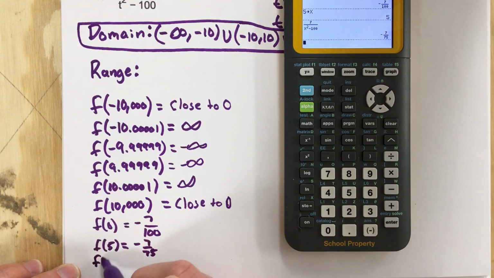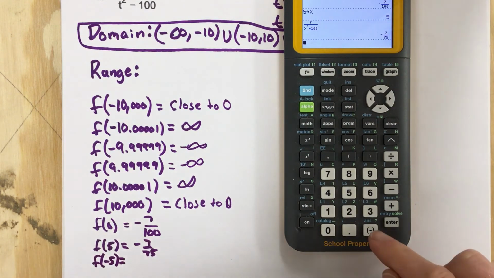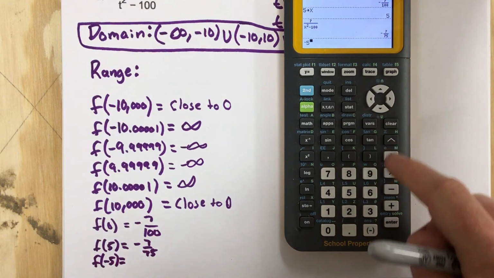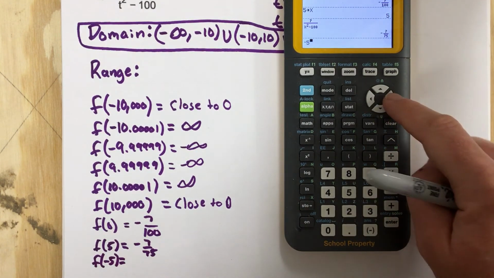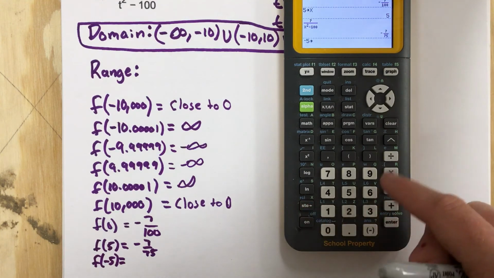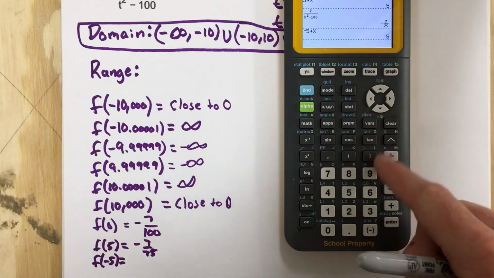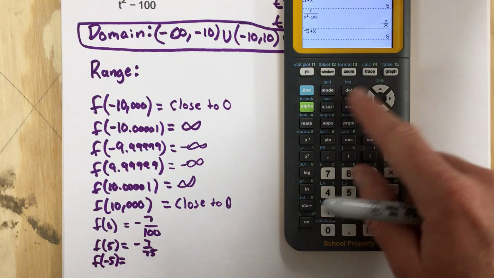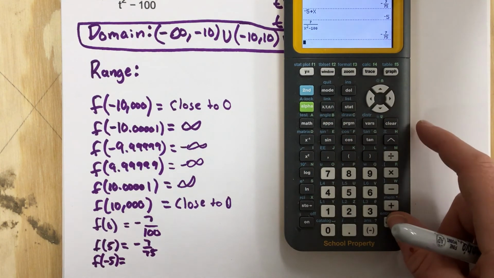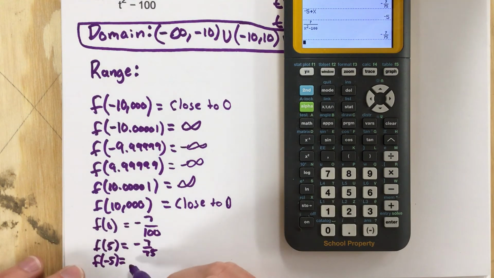Now I do the same thing with negative 5. So if I plug in negative 5, I'm going to store it as x. And then I'm going to go ahead and grab this equation. I get negative 7 over 75 again.